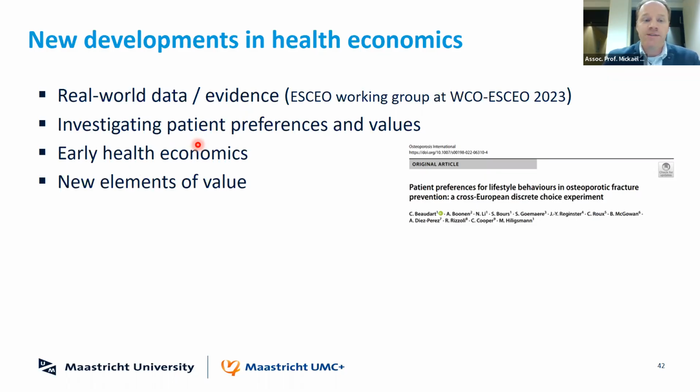We also observe that early health economics is becoming increasingly important, that we do not only conduct health economics for pharmaceutical reimbursement decision, but we really start early in the process to really investigate what could be the potential benefit of intervention.